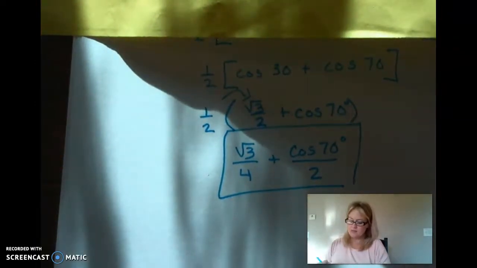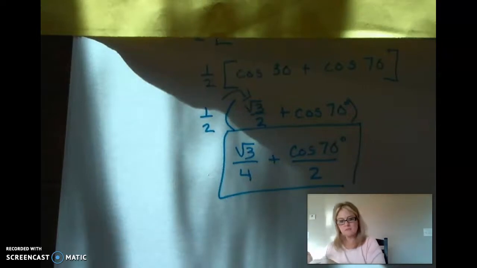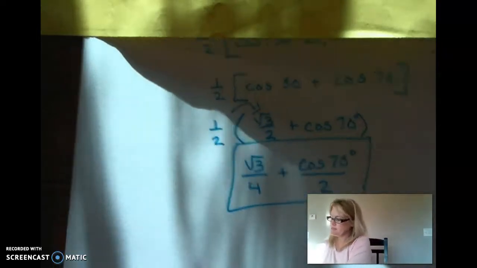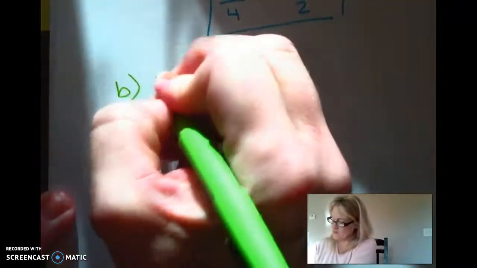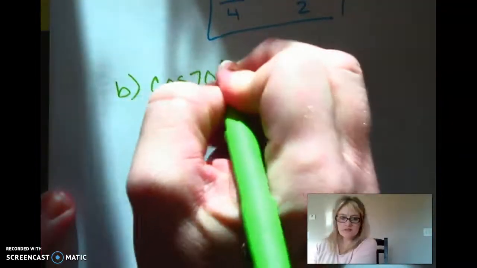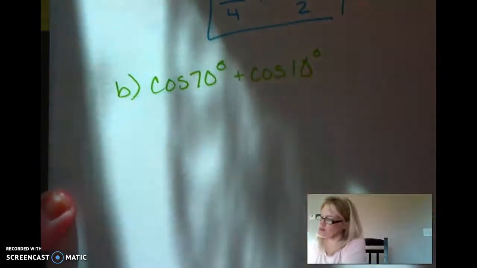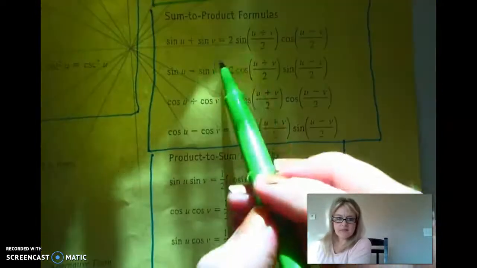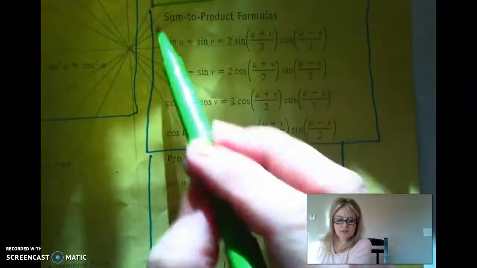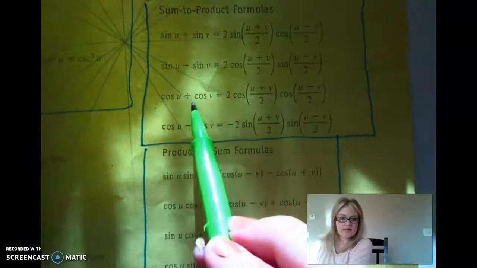Now, what if we use the sum to product formula? So now, what if I gave you the cosine of 70 degrees plus the cosine of 10 degrees? So now, we're going from a sum to product. So I'm going to use the cosine right here.